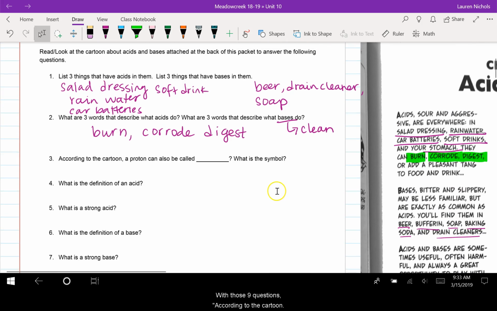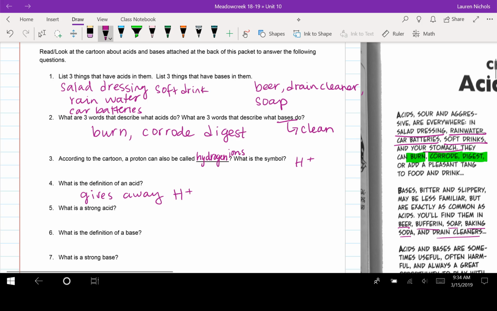With those 9 questions, okay, it said according to the cartoon, a proton can also be called hydrogen ions. And it says, what is the symbol? Well, the symbol is an H plus. Okay, and it says, what is the definition of an acid? Well, according to the article, or the cartoon that we read, the acid is something that gives away protons, or H plus, right?